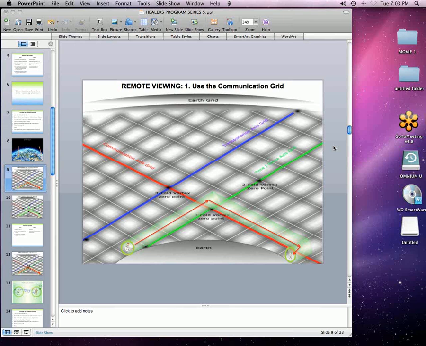So all you have to do is intend to send the signal in the safest way and the most appropriate way at this point in time, and then do the merging. Like I said, all of this is for your information to understand the mechanics, but it's not necessarily for you to confuse your clients about.